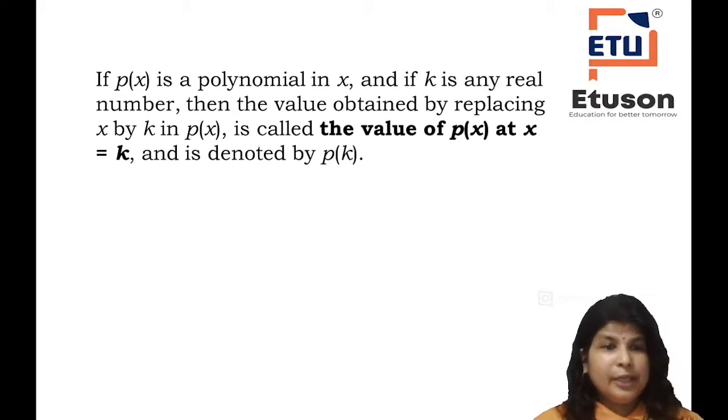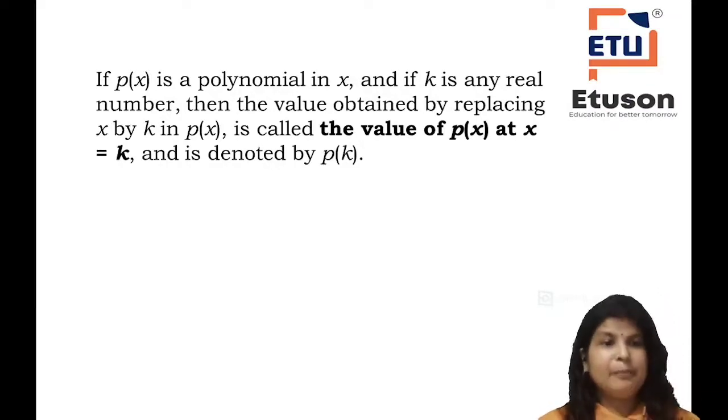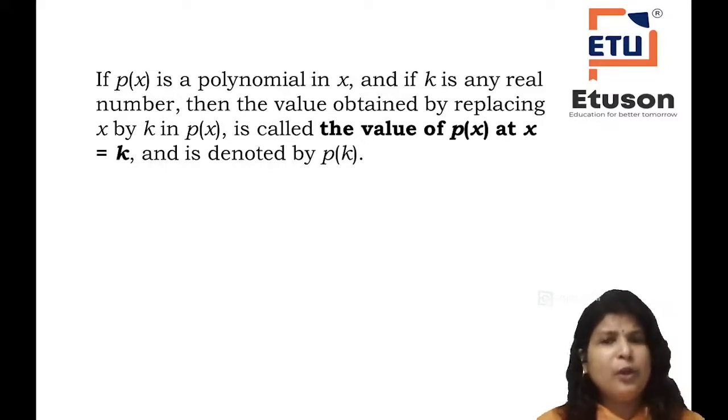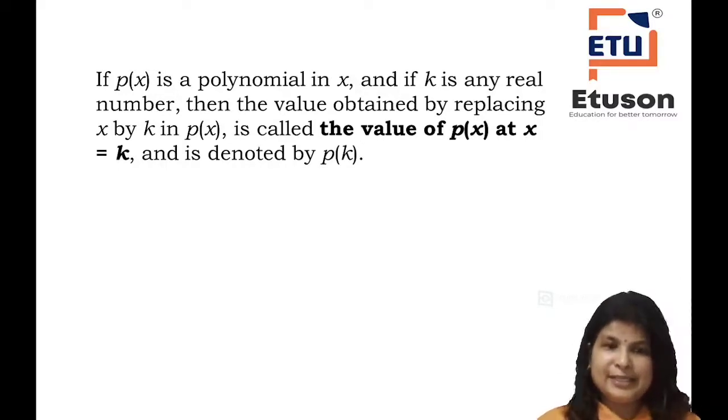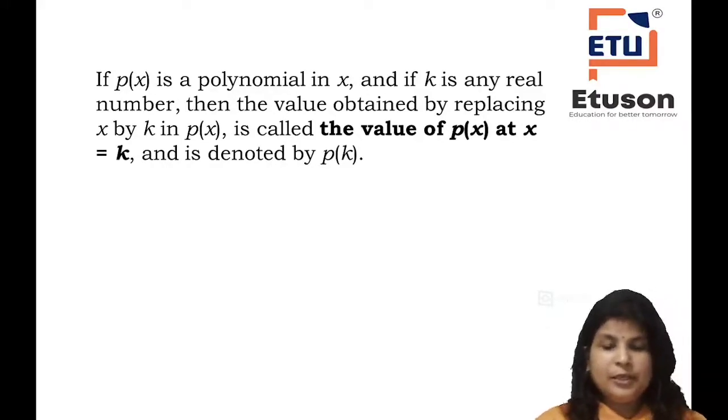Correct. So now if p(x) is a polynomial in x and if k is any real number, then the value obtained by replacing x by k in p(x) is called the value of p(x) at x = k and is denoted by p(k).